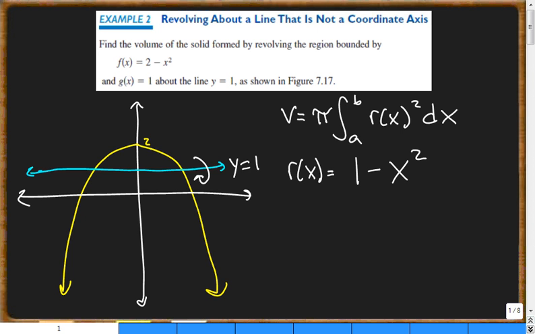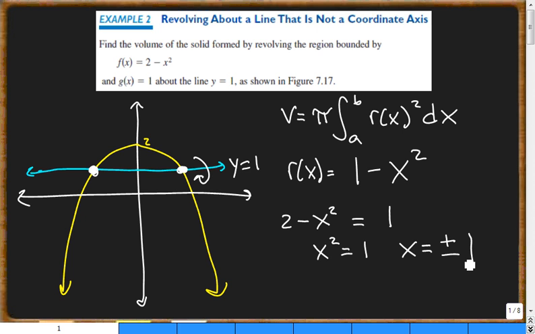Now we've got to figure out what these points are going to be. You know, where are we integrating from? So what we need to do is set 2 minus x squared equal to 1. And we should get here that x squared is going to equal 1, so x is going to be positive and negative 1.